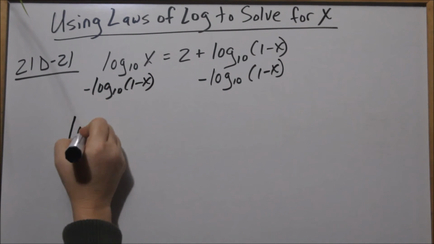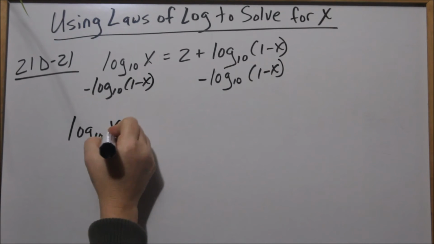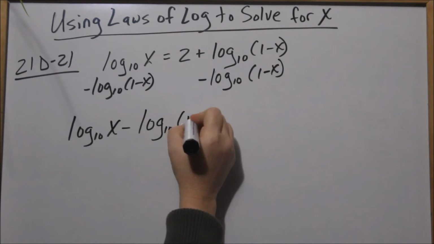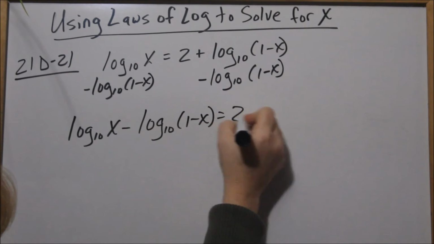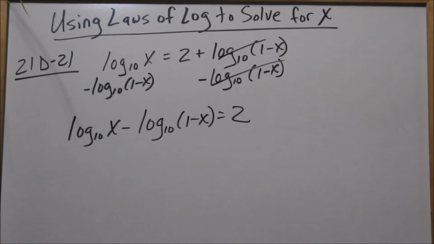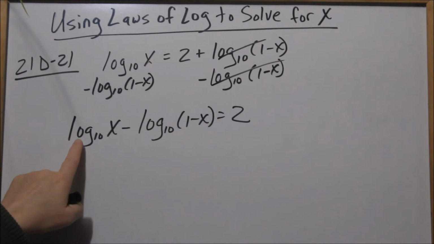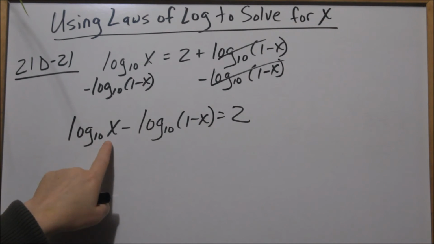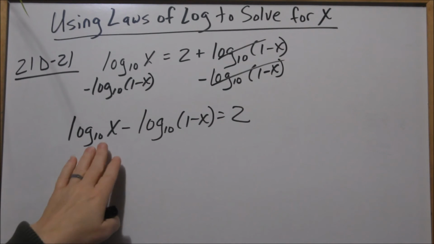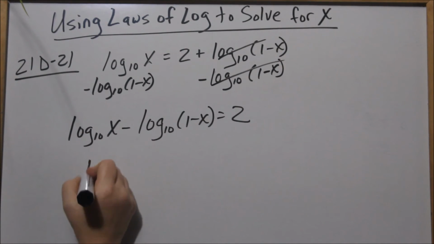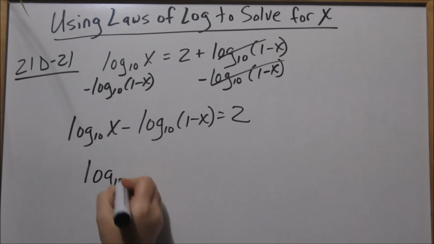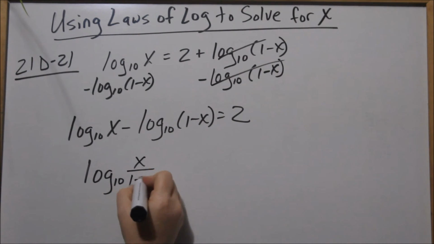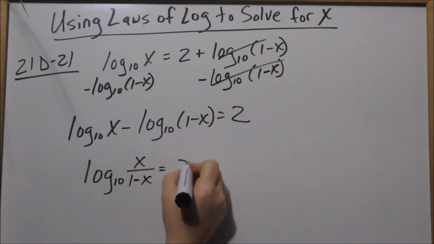So then I have log base 10 of x minus log base 10 of 1 minus x equals 2. When you're subtracting the log of two things, that's the same thing as the log of these two things divided. So laws of log, I can rewrite this as log base 10 of this divided by that equals 2.